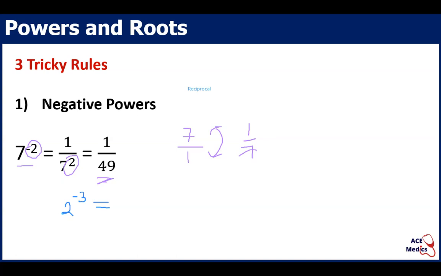Close, Lily. Remember, we need to flip it upside down. So what does that mean? What will it change into? 2 cubed will be 8, but not 2 to the minus 3. So remember, if it's minus, we're first going to flip it.